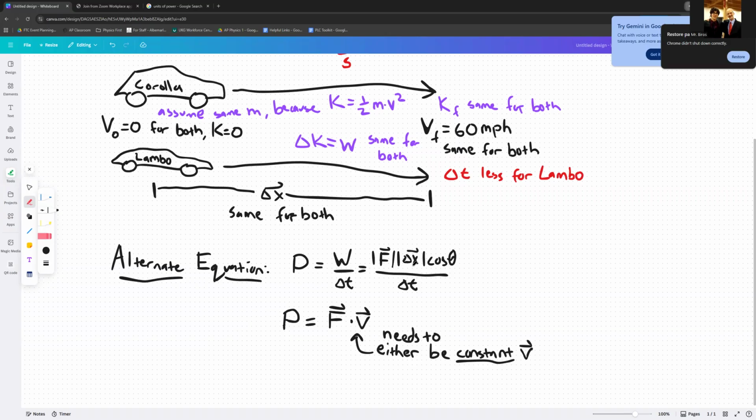If it remains the same velocity the whole time, then the average is just however fast that is. So either we could have a constant velocity, or we could use the average here.